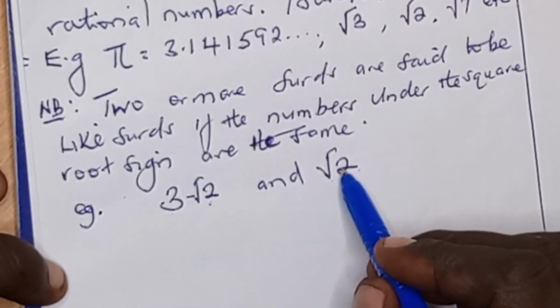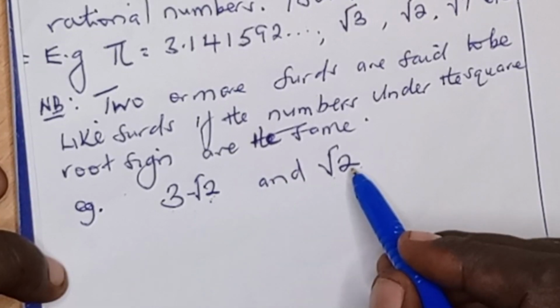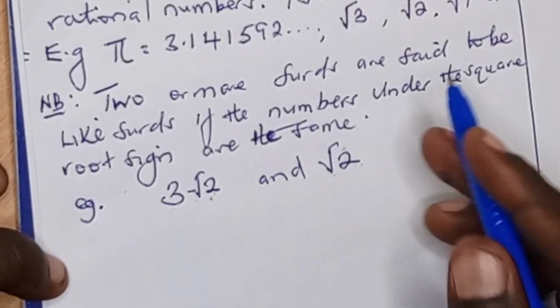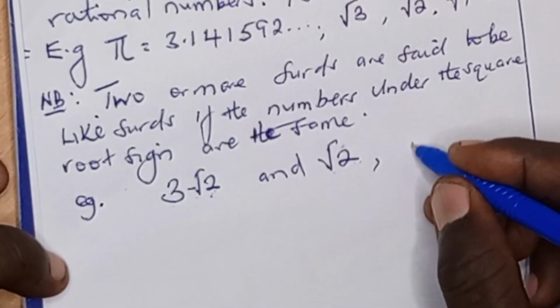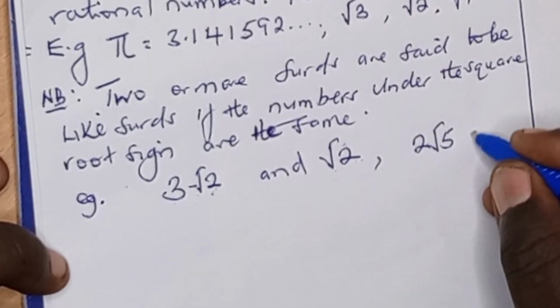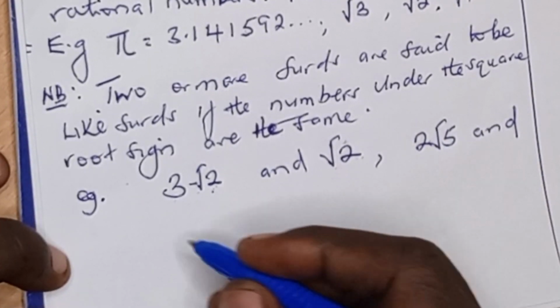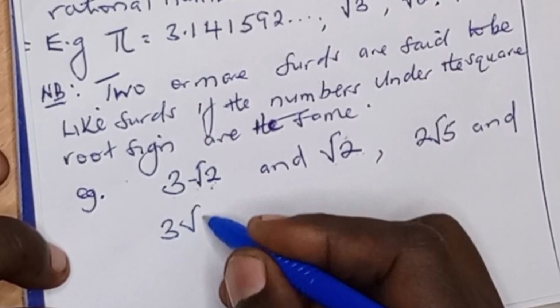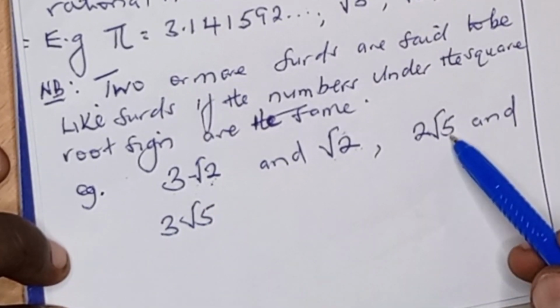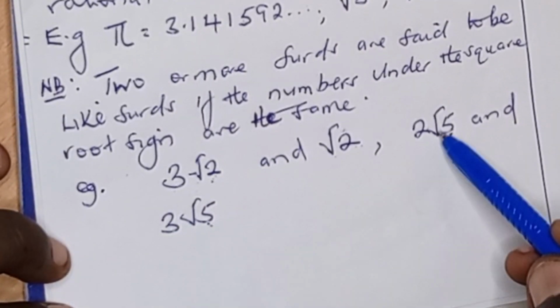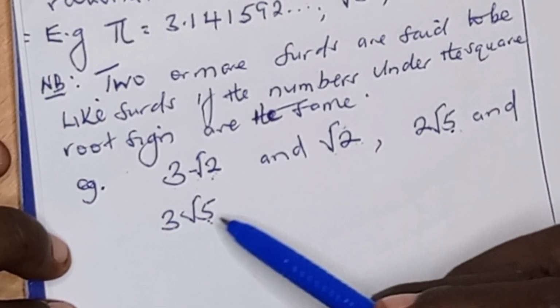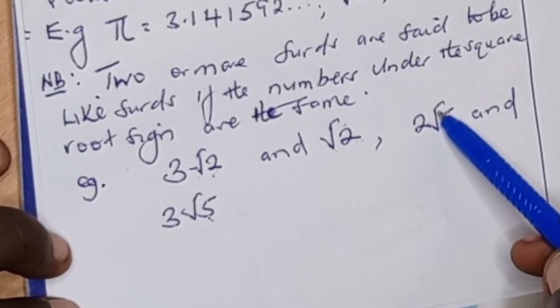So the numbers under the root here are 2 and 2, so these two SADS are like. Another example can be 2 root of 5 and 3 root of 5. Also here, the numbers under the root are the same. Therefore, these two SADS are like.